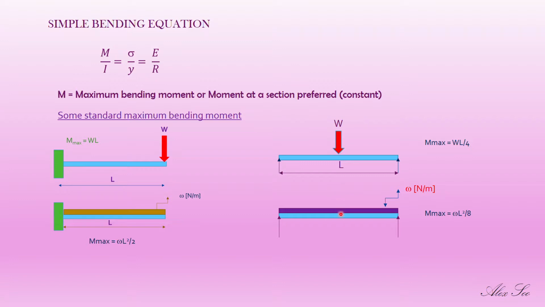What you can do is use both these formulas and add them up, using the principle of superposition. So for a beam with a UDL load and a point load acting at the center, the maximum bending moment should be WL over 4 plus omega L squared over 8. That is for the maximum bending moment, or the bending moment at any preferred section.